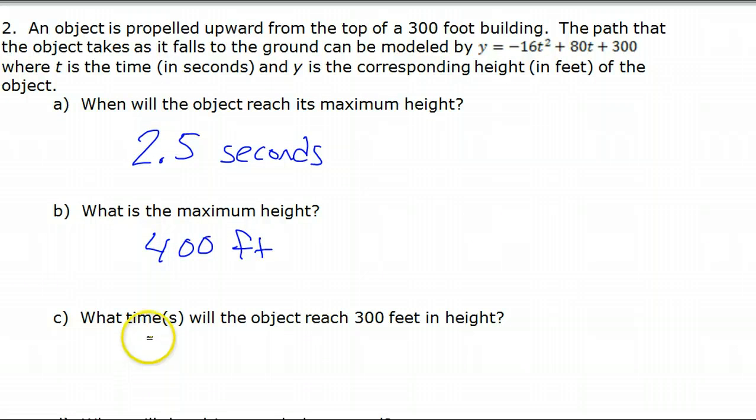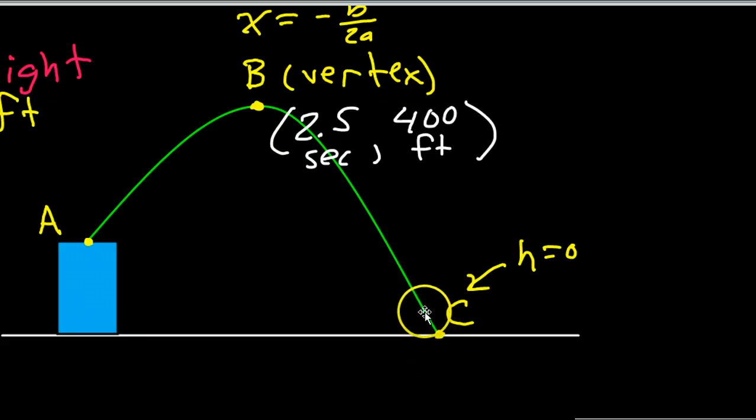Okay, what time or times will the object reach 300 feet in height? Okay, so it gets up to a maximum height of 400 feet. But what about 300 feet?